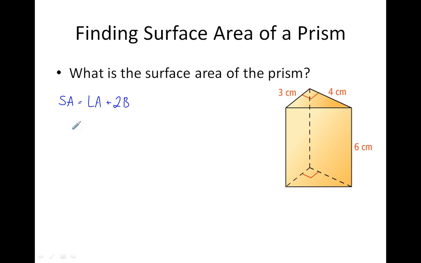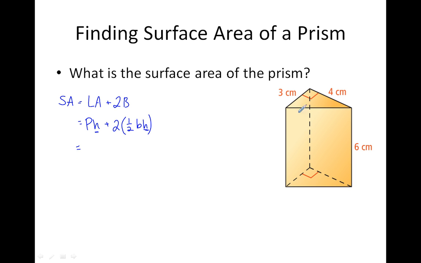Now, in order to find the lateral area, we need the perimeter of the base times the height, plus, in this case, 2 times the base, which is 1/2 base times height, because the bases are triangles. Now, keep in mind, the height of the triangle is not necessarily going to be the height of the figure. So we need to keep those separate.